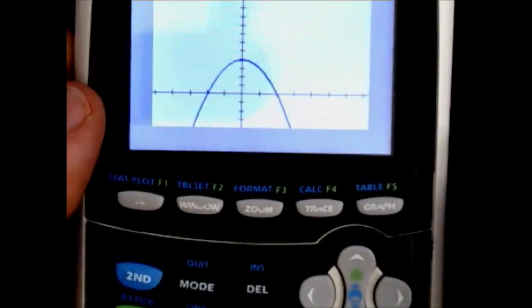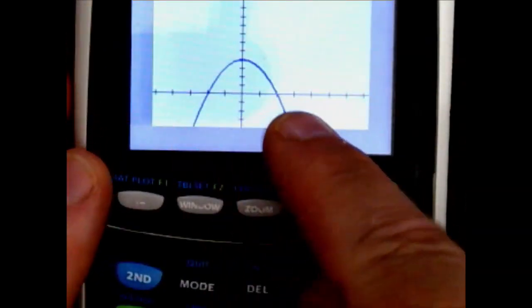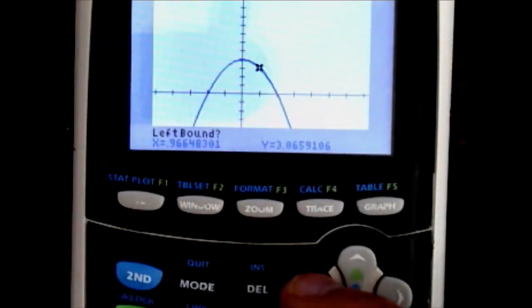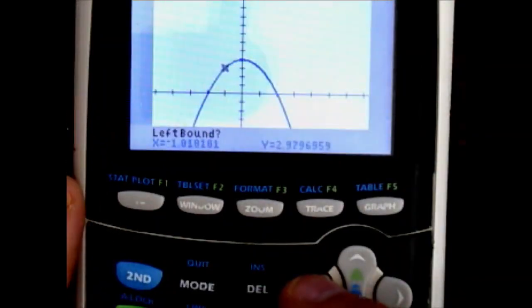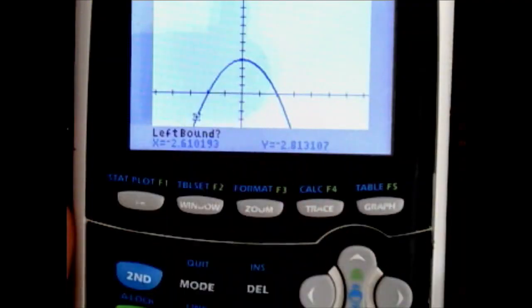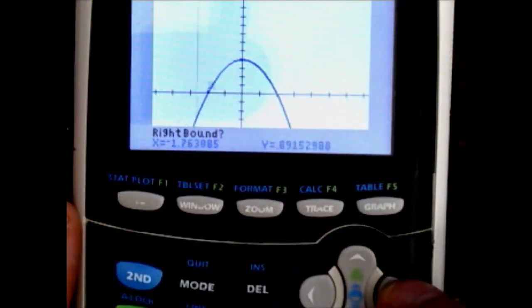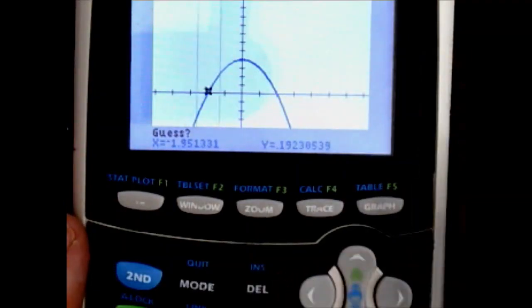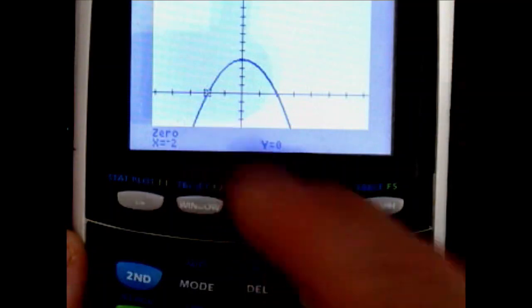Alright, so if I want to find these x-intercepts, I hit second trace 2. Now I've got to move to the left of one of my x-intercepts, so I move to the left of it, enter. Then I move to the right of it, enter, and I move back to the point itself, enter, and it finds it for me.